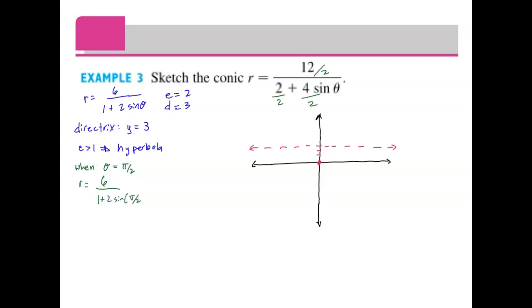Sine of pi over 2 is 1. So I get 6 over 3, which is 2.